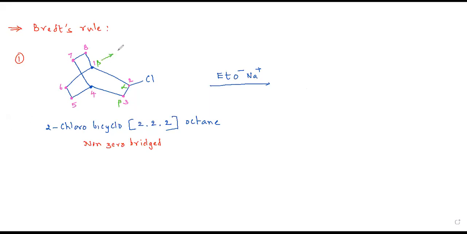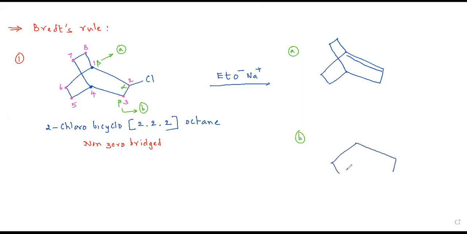Let this be possibility A and this be possibility B. See, the product formed in A is this. In case of A, it will be this. This is where you get a double bond. Whereas possibility B gives this.